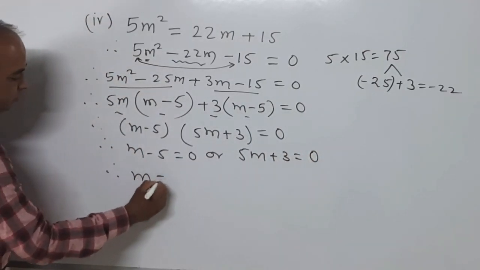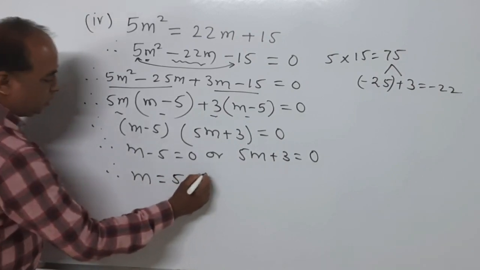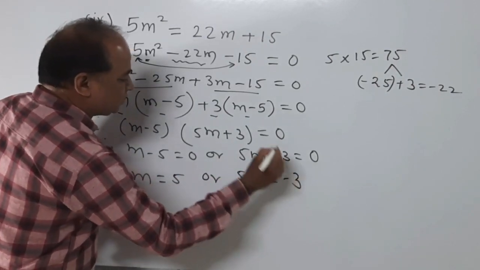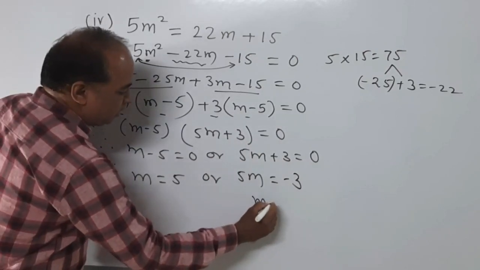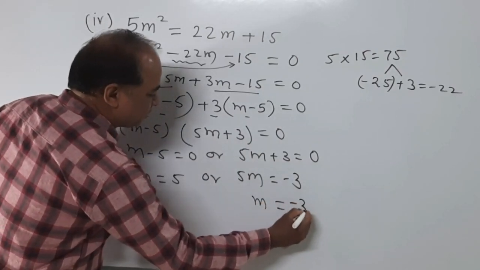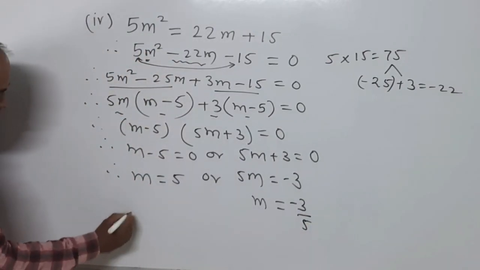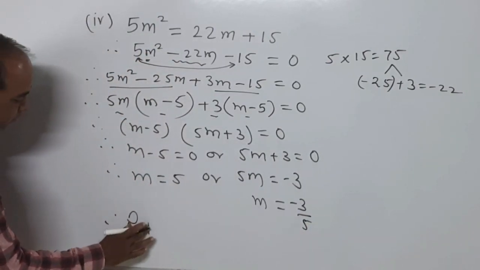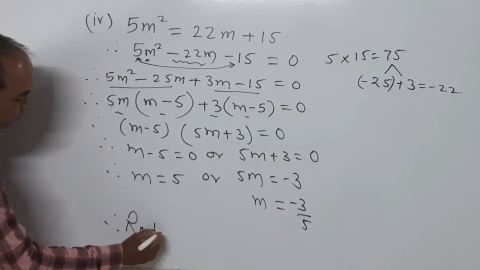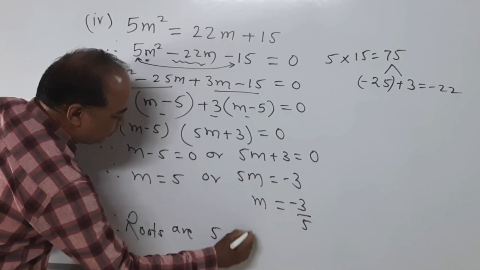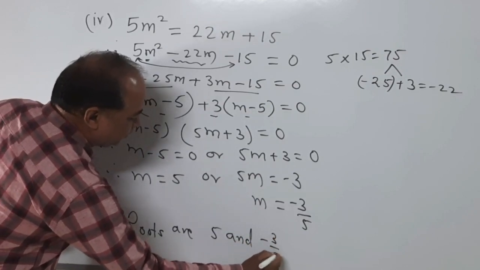Therefore, m is equal to 5 or 5m is equal to minus 3, that is m is equal to minus 3 upon 5. Therefore, roots of the quadratic equation are 5 and minus 3 upon 5.